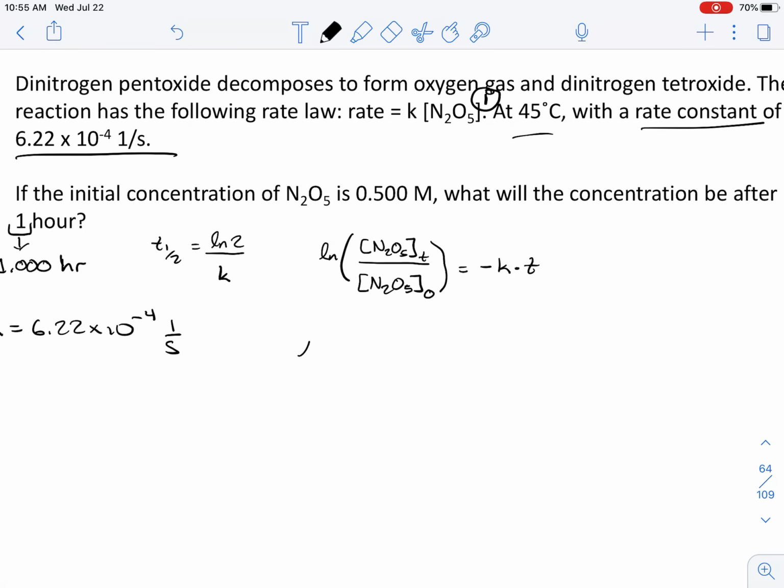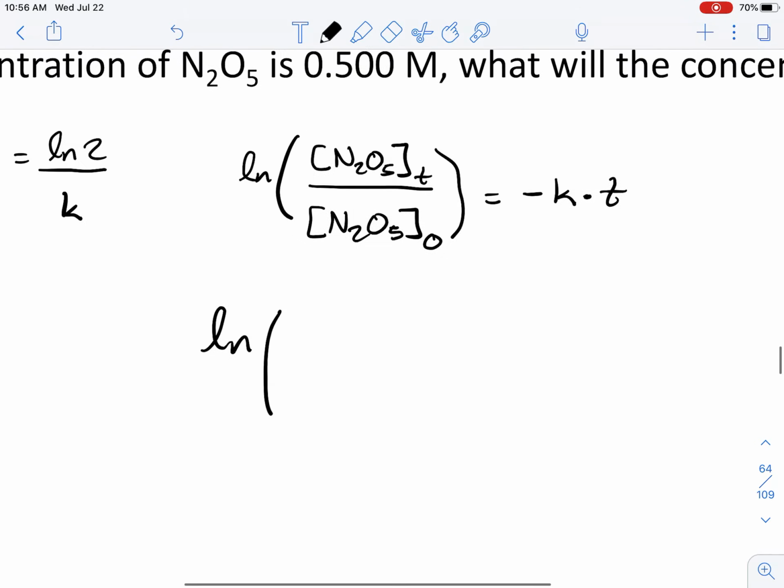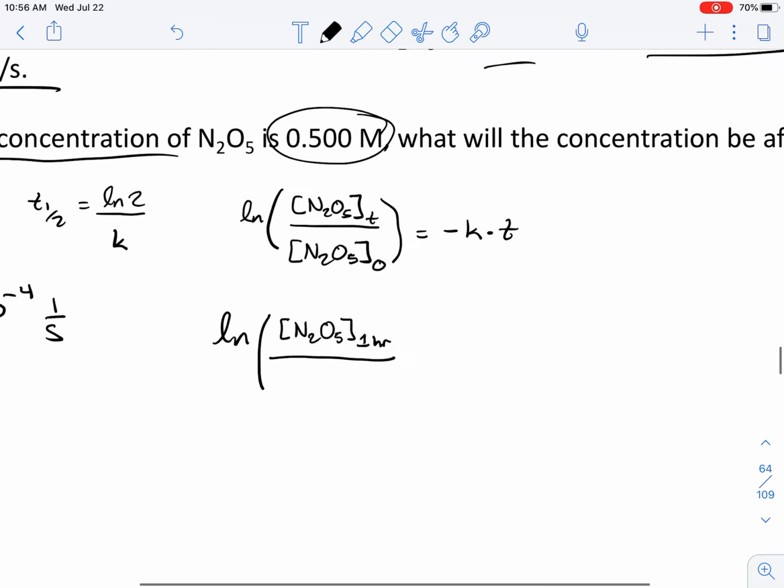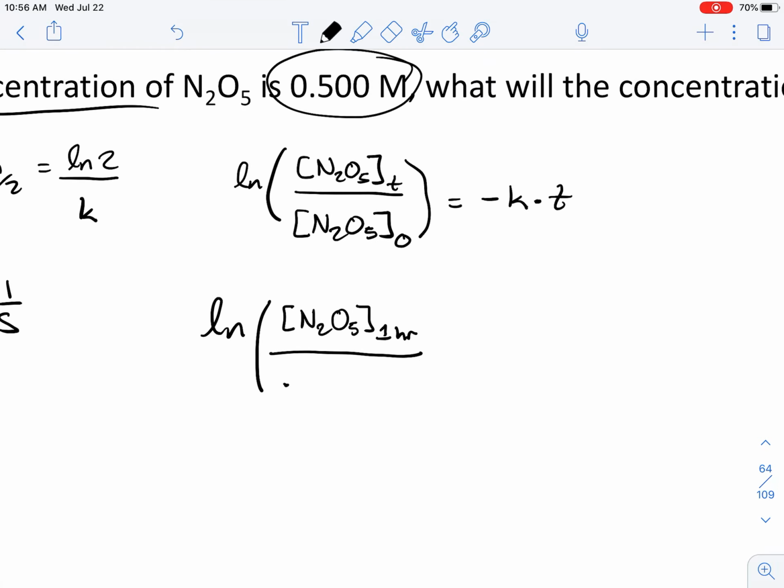And so here we have the natural log of, let me just zoom in, the concentration of N2O5 after 1 hour has passed, over the initial concentration. And so they told us that the initial concentration is this value. And so that's going to be 0.500 molar.